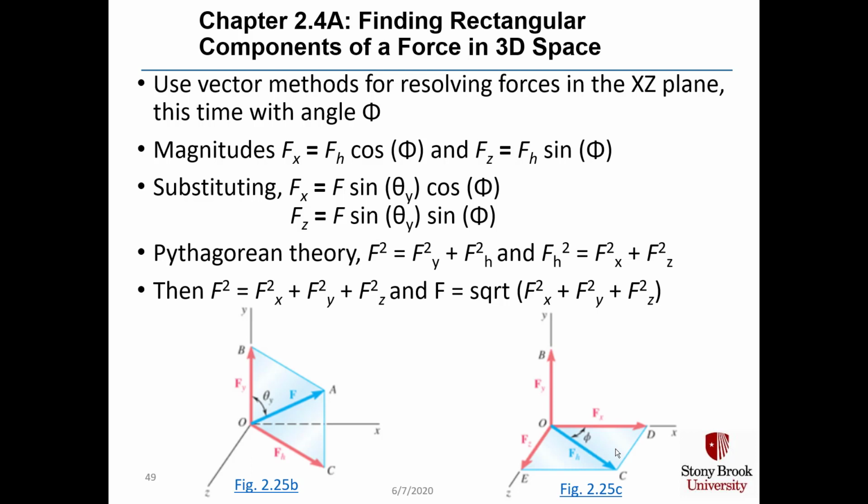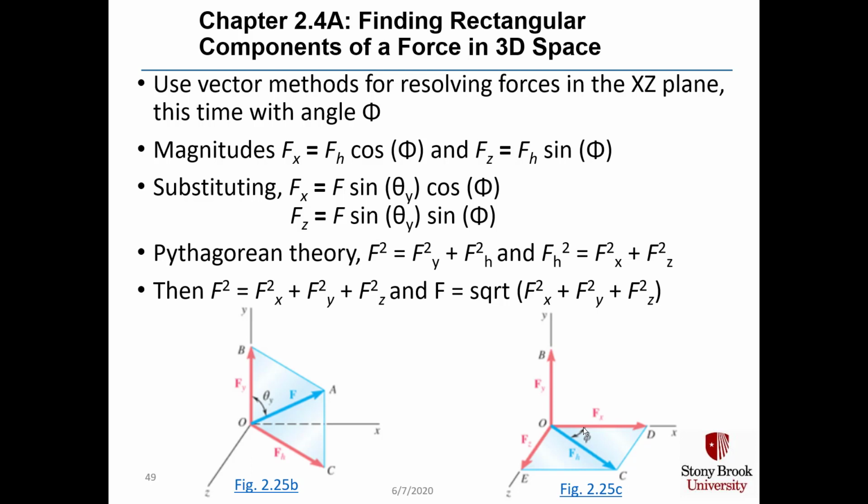The magnitude F sub x is equal to the magnitude F sub h times cosine of this angle phi, and F sub z, which is the magnitude of our vector along the z-axis, is equal to F sub h times the sine of phi. F sub x is equal to the magnitude of force F times sine theta sub y cosine of phi, and F sub z is equal to F times the sine of theta sub y times sine phi.